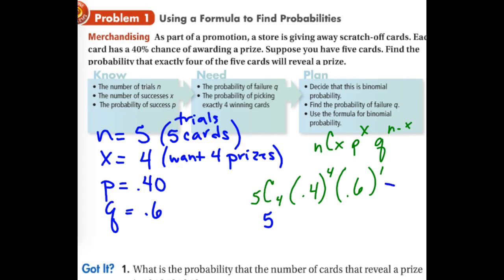You should be able to multiply that all in one string. 0.0768, so about 8%. Yes? So we have about an 8% chance that 4 of those 5 cards are going to get me a prize. Okay?